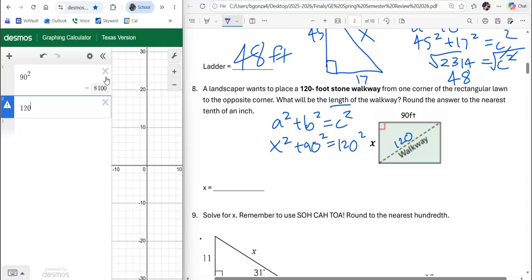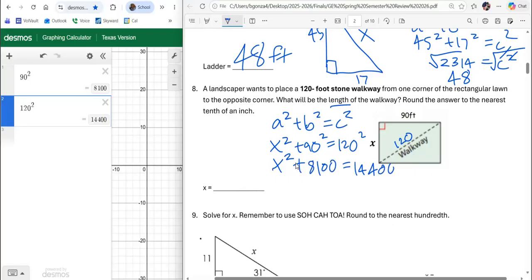90 squared, 120 squared. You got to subtract the squares.